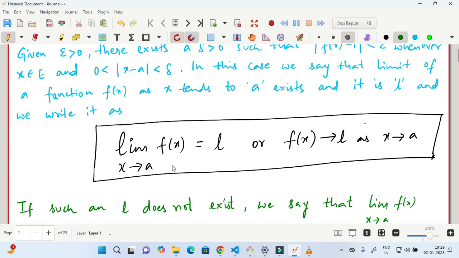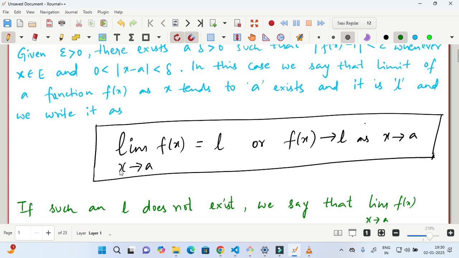So we can say that as x approaches a, f of x approaches L. So we can say that the limiting value for x tends to a is f of a, or we can say that f of x tends to L. It happens only when x tends to a.